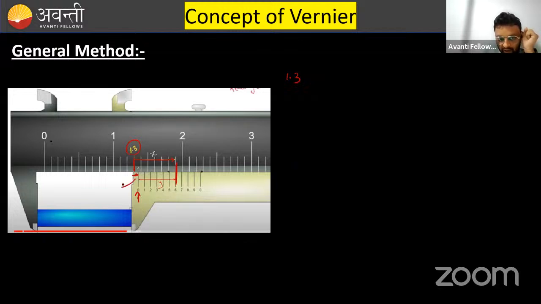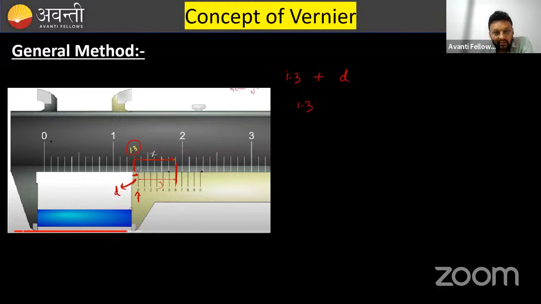So tell me what will be this distance d, if it is visible to you? I am sure that it is visible. So what is your answer? It is 1.3 plus d.